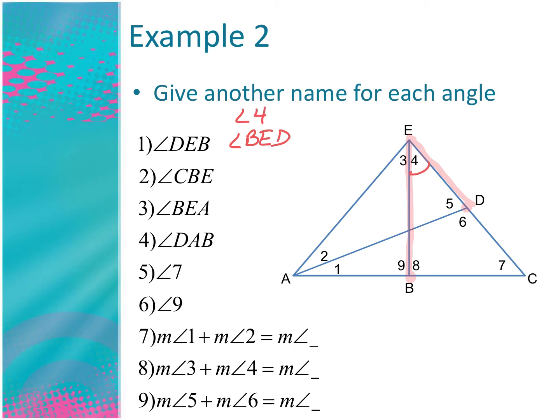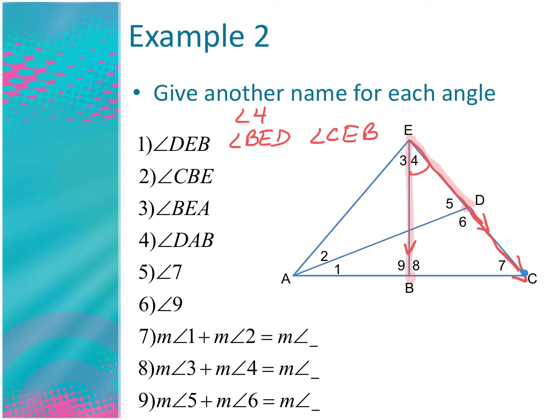And notice, because these are rays that are forming the sides of my angle, I could also have gone all the way to C, and another name for this could have been CEB. And you could reverse that one as well. The next one, and let's trace around, I'll trace around this one in blue, CBE.